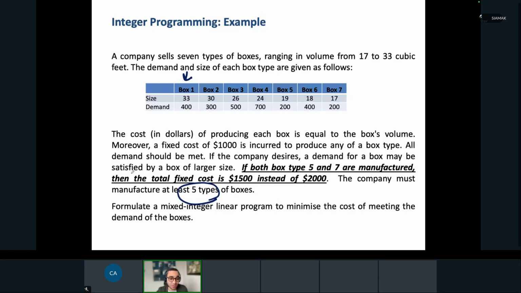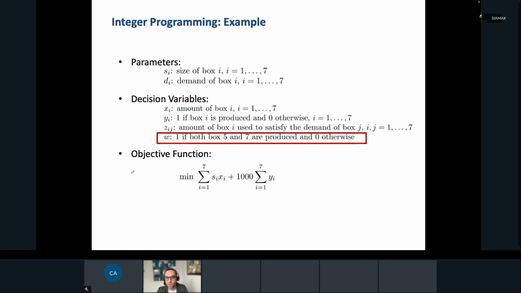Okay, it's at least 5 of them, not exactly 5 of them. Sorry for that. It says at least 5 of them. So you may go with 7 of them, 6 of them. So there are different cases. You got the point what I mean. I don't want to have M as 1 billion, but having like 1000 and 2000, it's not a massive difference. So that should be fine.